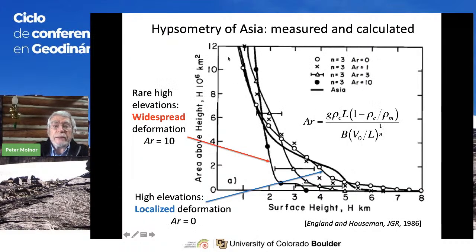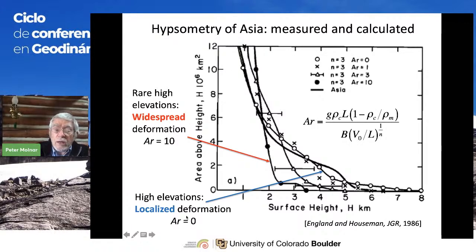And if one looks at the hypsometry of Asia, this is now a plot of the area above some height of 1 kilometer, 2, 3, 4, 5, 6, 7, 8 kilometers. Mount Everest would be out here above 8 kilometers. There are 14 peaks above 8 kilometers. And this is surface height going across here. First, the data are the black line, the continuous black line that comes down through here, goes up and around in this area.